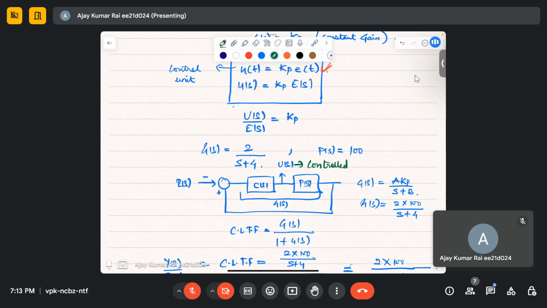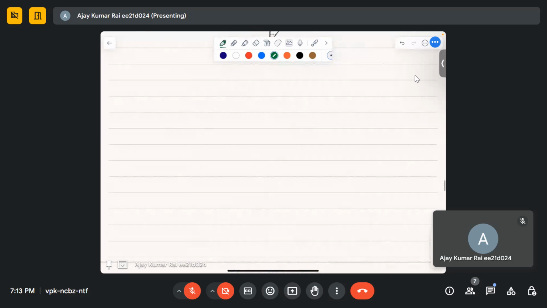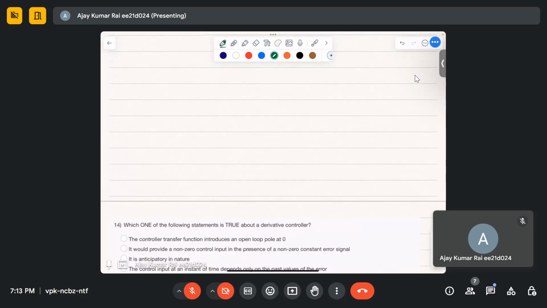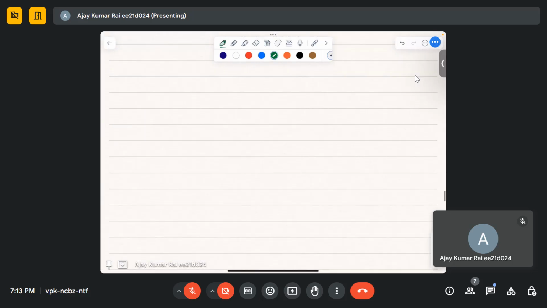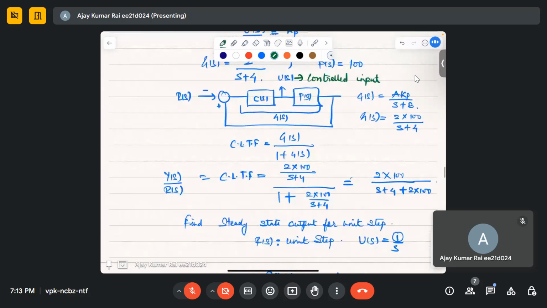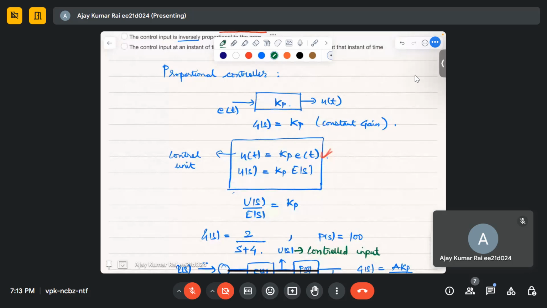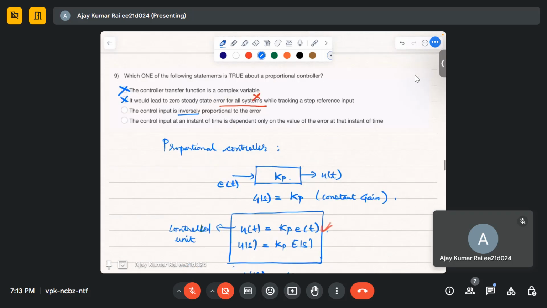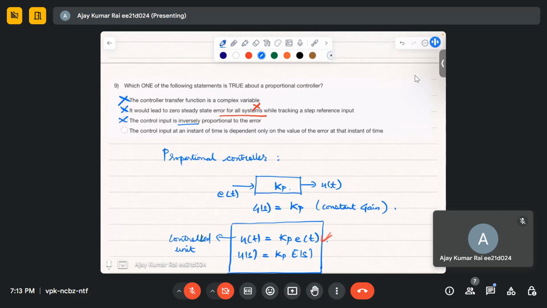So that's what it's saying, control input. Okay, so that's what. Yeah, here. So this is control input, which is directly proportional to e of t. Okay, the statement is also false.